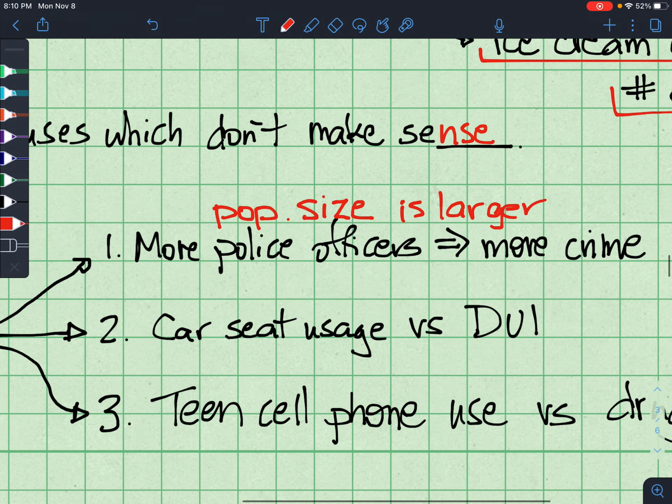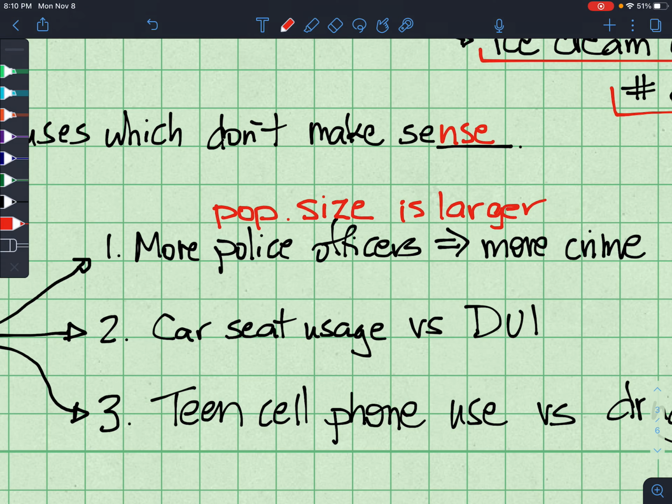All right, car seat usage, you know, those little car seats that they put in for kids to ride around in, versus driving under the influence. These two variables seem to be tied together. That is, the more car seat usage we've seen, the more people are driving under the influence. Now, I don't think it has to do with stress about parents and kids, and therefore parents drinking because of the stress of kids.